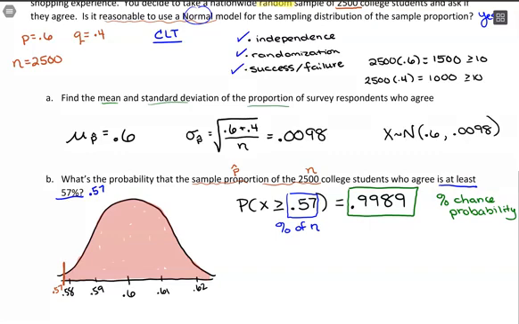So for a sentence, I typically start out with just stating what the probability is. So I'm going to say there is a 99.89% chance. And when in doubt, just go back to the wording of the question, because that'll usually give you a structure to follow.